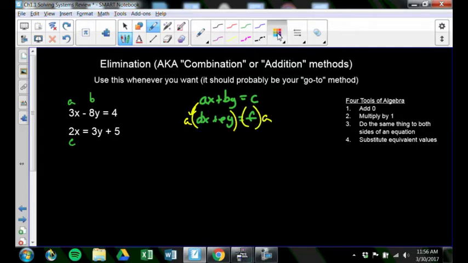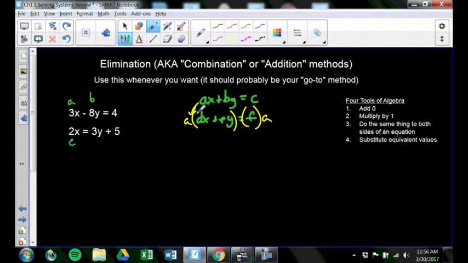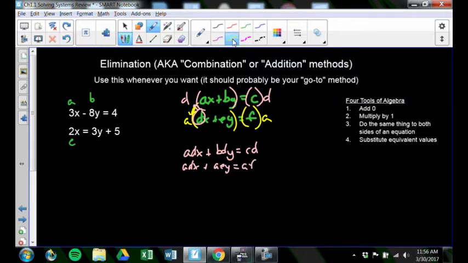I can multiply the top equation by a on the top and bottom. And I can do the bottom equation. I can take this variable and put it here, multiply it by d on top and bottom. And that's going to give me adx plus bdy equals cd, and adx plus aey equals af.